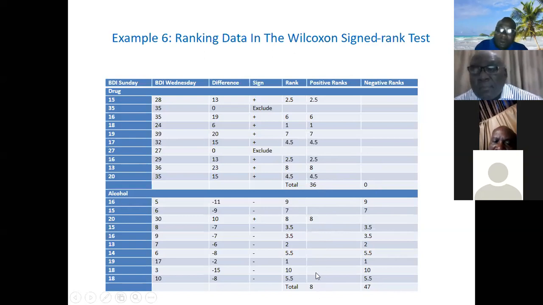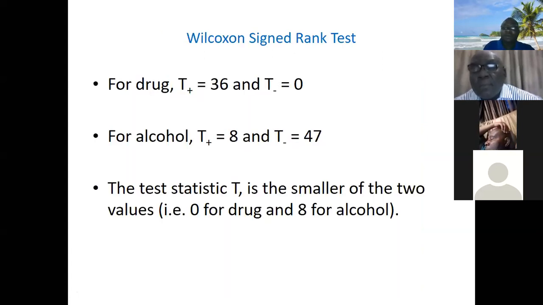For alcohol, the total for positive is 8 and the total for negative is 47. The smaller, 8, is the statistic. When you just take the smaller, you will not put the sign when you are saying this is the statistic. Just say that is the statistic, or that is the value.